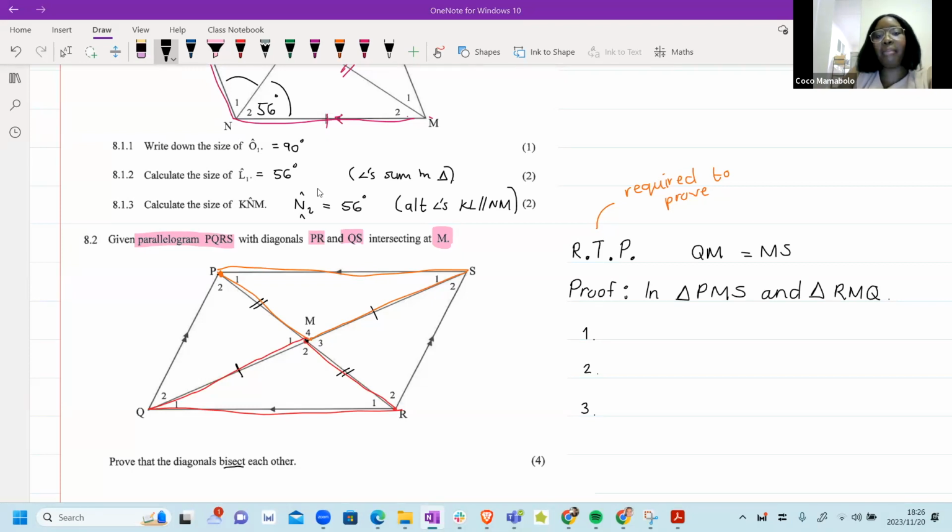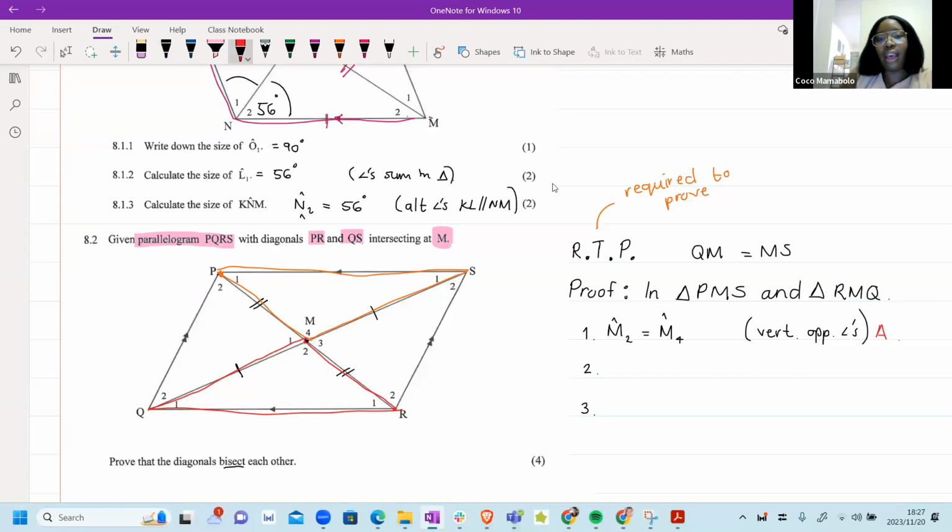Beautiful. Not M1 and M2. Almost. M2 is equal to what? M2 is equal to, that's it, M4. Good. M2 is equal to M4, and your reasoning is 100% on point: vertically opposite angles. Beautiful. That's an angle. Good.